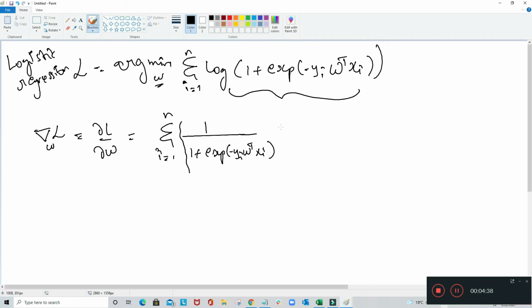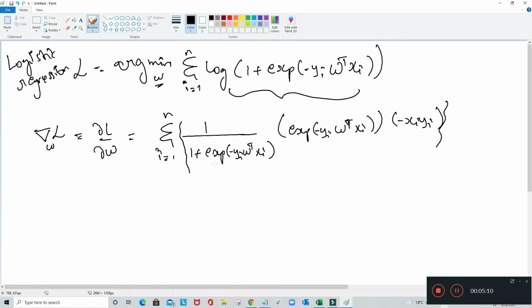The derivative of e power x is e power x, so exp of minus yi w transpose xi, times the derivative of the inside part with respect to w, which is minus xi yi. This is the derivative of the logistic regression loss.